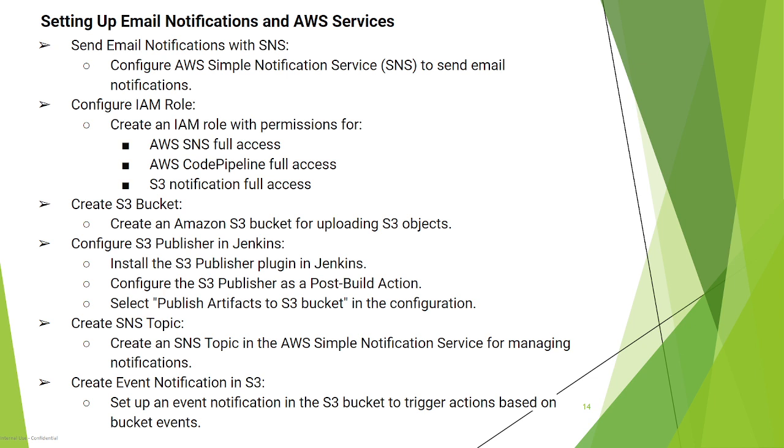Now create an SNS topic. Create an SNS topic in AWS Simple Notification Service for managing notifications. This can be done in the Amazon Simple Notification Service portal. Similarly, you can create an event notification in the S3 portal. You can set up an event notification on the S3 bucket to trigger actions based on bucket events.